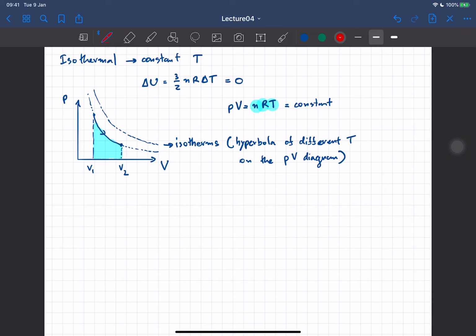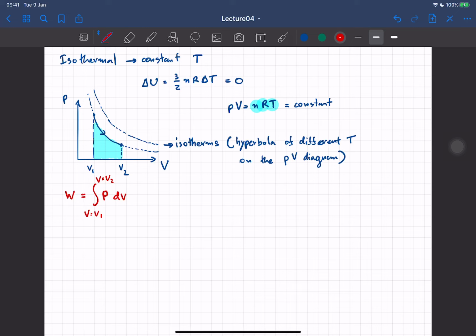Okay, so let's calculate the work done, which is the area under the curve, shaded by the blue color here. So W is the integral of P dV from V equals V1 to V equals V2. Okay, so it's just a standard way of writing area under the curve by integration.